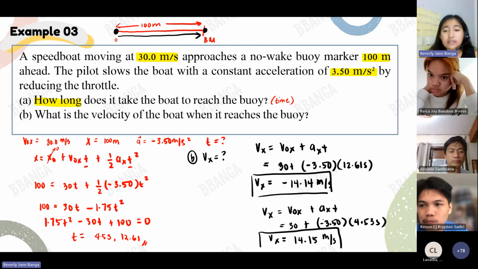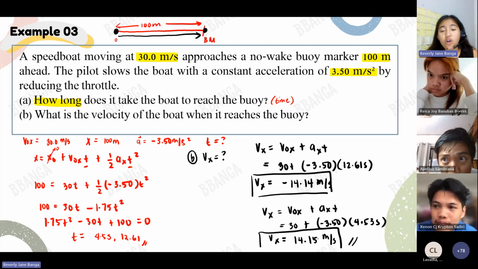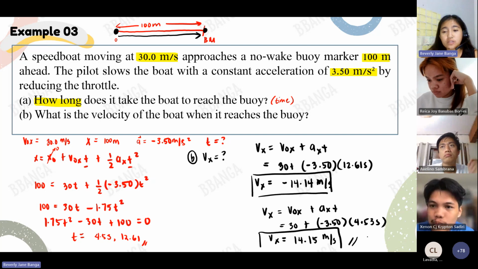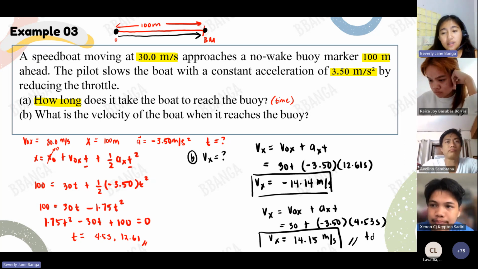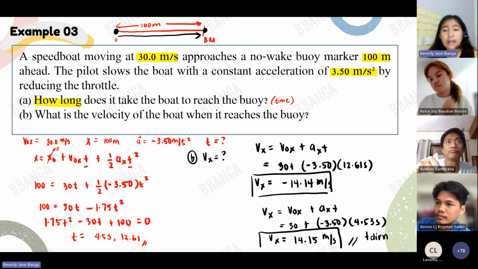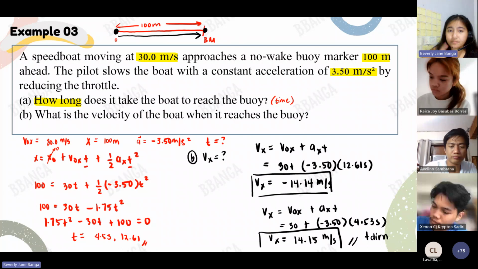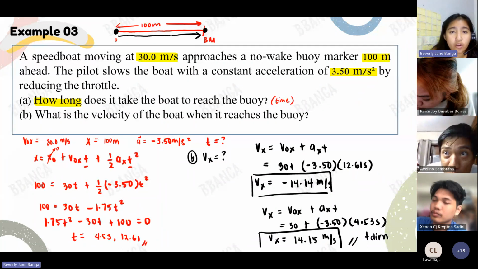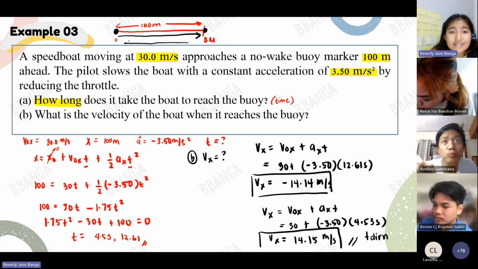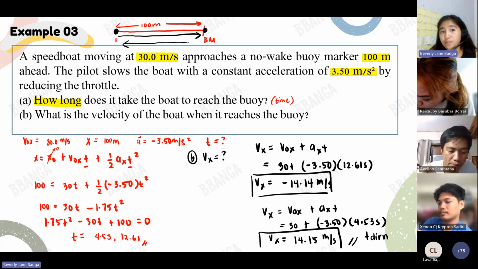So ang pipiliin nating final velocity niya is 14.15 meter per second to the positive direction. Kasi kapag pinili natin itong negative, ang indication nito ay mula kay buoy marker, lumayo na or umalis na itong si speedboat natin.